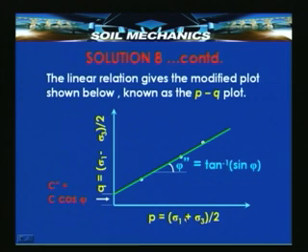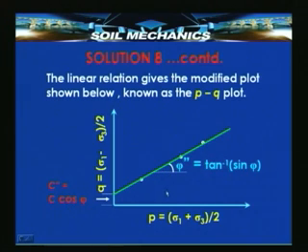Here we have half of sigma 1 plus sigma 3 and we have half of sigma 1 minus sigma 3 along the y axis. This is known as P, this is known as Q. Because it is a linear relationship, the PQ plot, as it is called, will be a straight line. Here I have an example of a PQ plot.